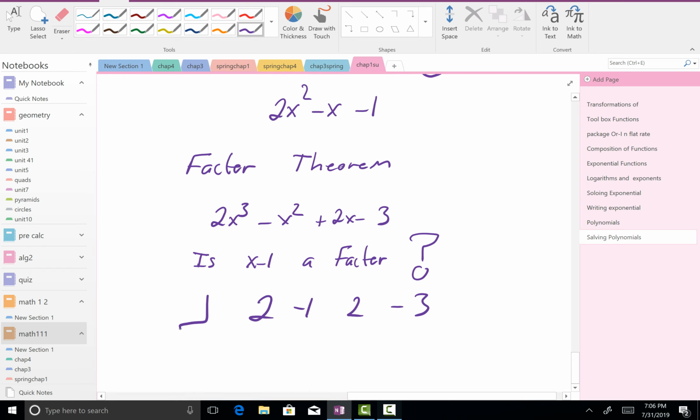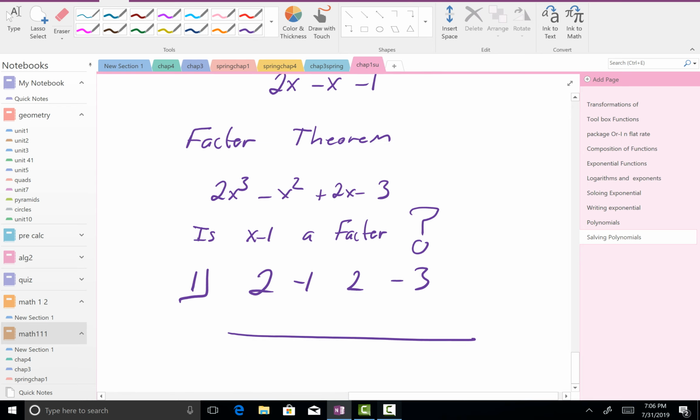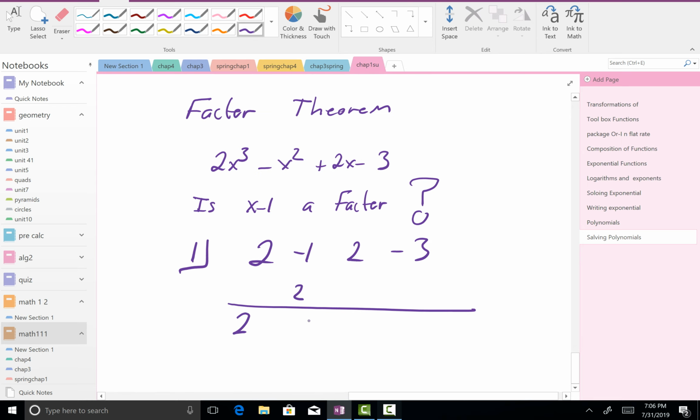Here, we're going to divide it by 1, because it's asking you if x minus 1 is a factor. I'm just going to zip through this because by now you are really good at synthetic division. Yep, it's a factor. Now, if I graph this, what's the next intercept then?